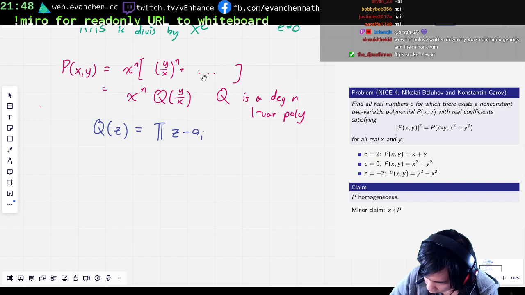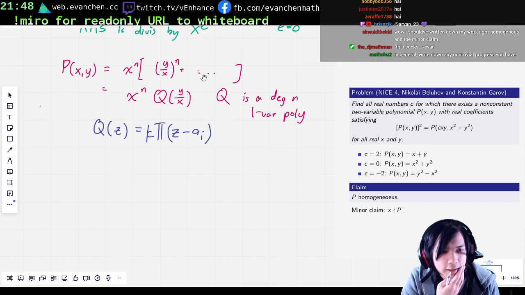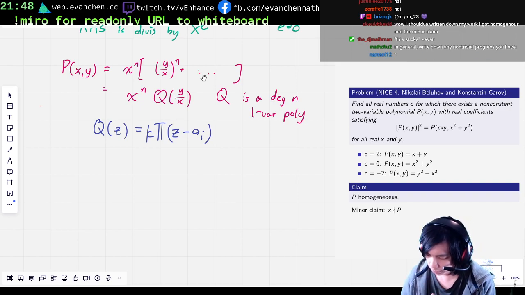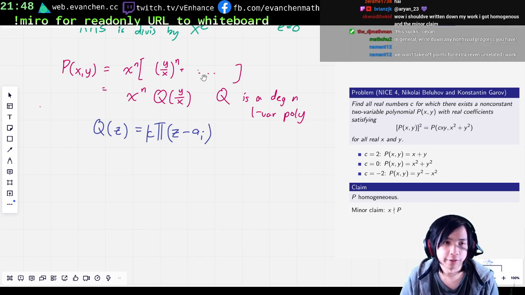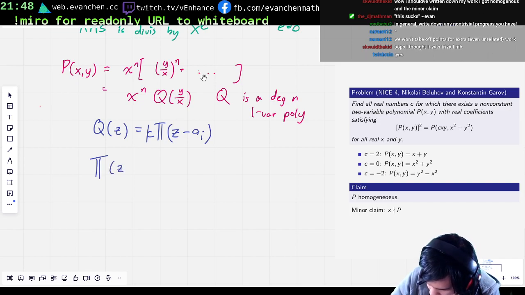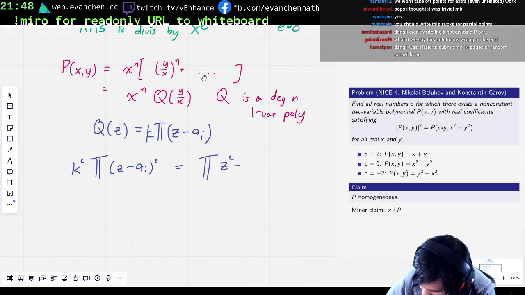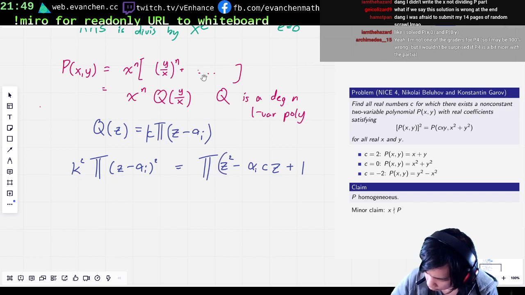That's okay. Let q be some constant k times the product of z minus alpha i for the complex roots. And so now, when I put this in, you can imagine setting x equals 1 and y being z. Because once it's homogeneous, you can basically treat it like a one-variable polynomial. And what that tells you is that the product of z minus alpha i squared, times this constant k, is going to be equal to the product of z squared minus alpha i c z plus 1, I believe, times k.